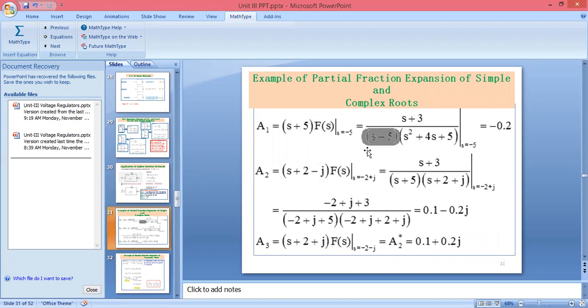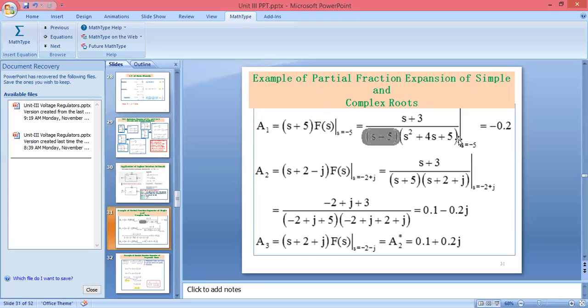If we are having a function like this, I am giving it only to understand how we are converting. If we are having the function with s plus 5, where s equals minus 5, we can write that equation as s plus 3 upon s minus 5 into s square plus 4s plus 5.